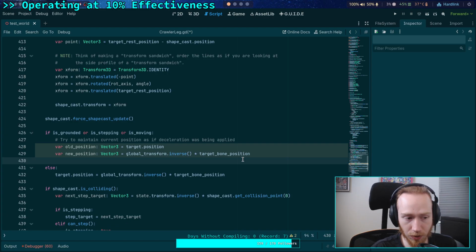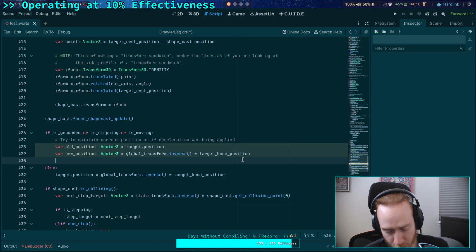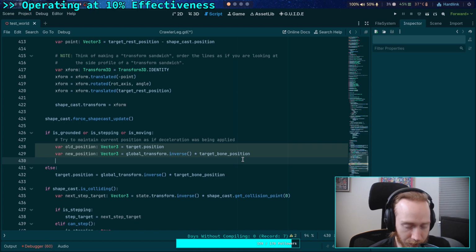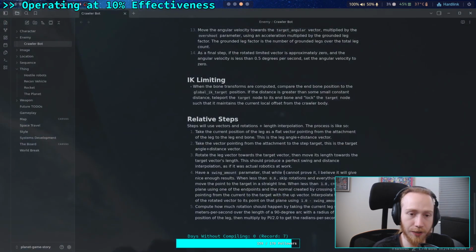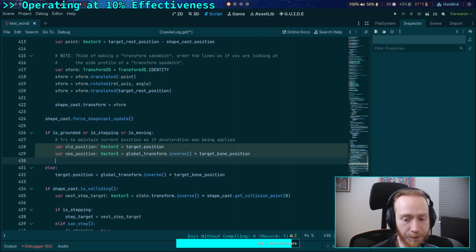So I can account for up to pretty much deceleration times state step, which I guess actually in this case is more like, so if the leg is like 12 centimeters from where I want it to be, I actually still kind of ignore that. Which I don't know, that seems like kind of a lot.